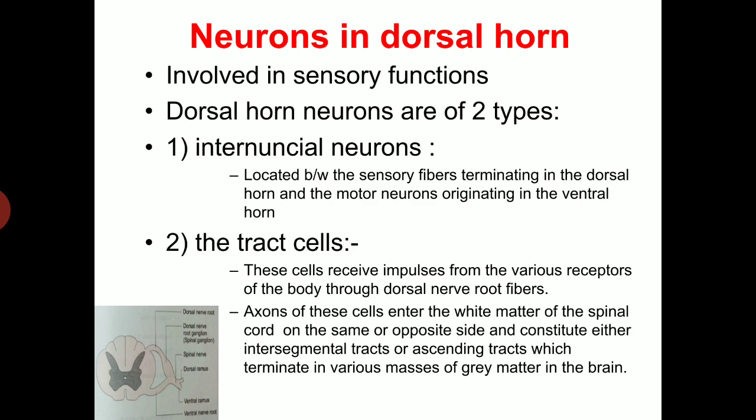Axons of these cells enter the white matter of the spinal cord on the same or opposite side and constitute either intersegmental tracts or ascending tracts which terminate in various masses of gray matter in the brain.